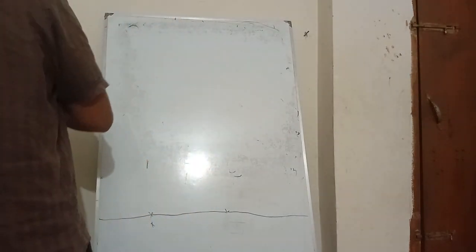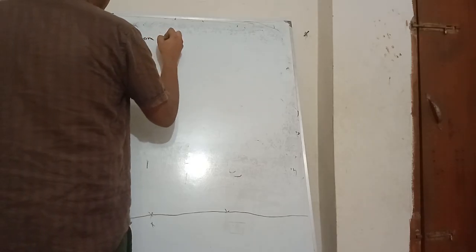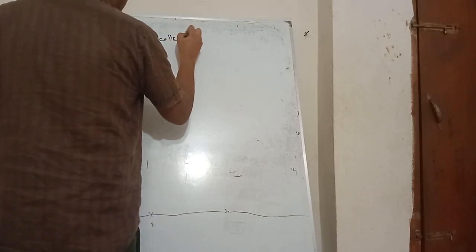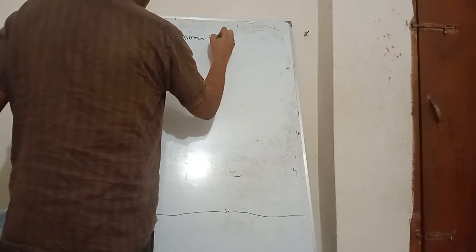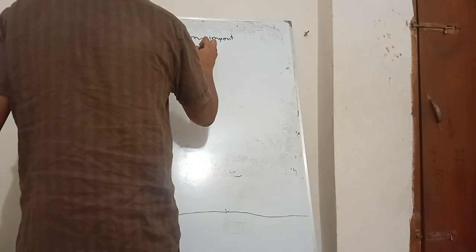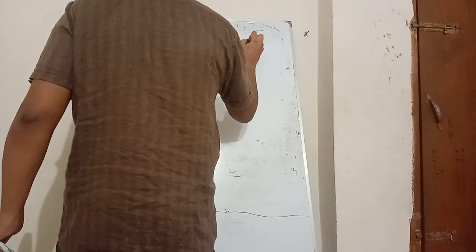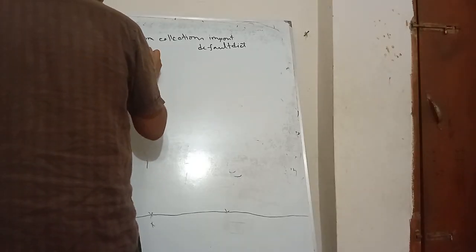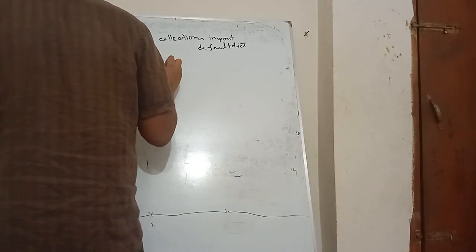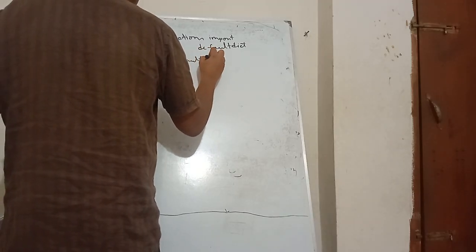Let's see the code directly. From collections, import defaultdict. We create the adjacency list as a defaultdict.